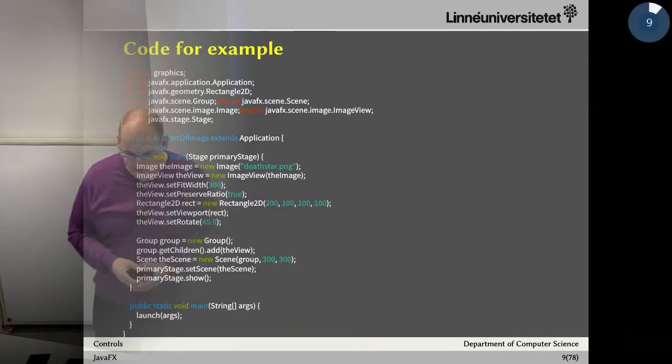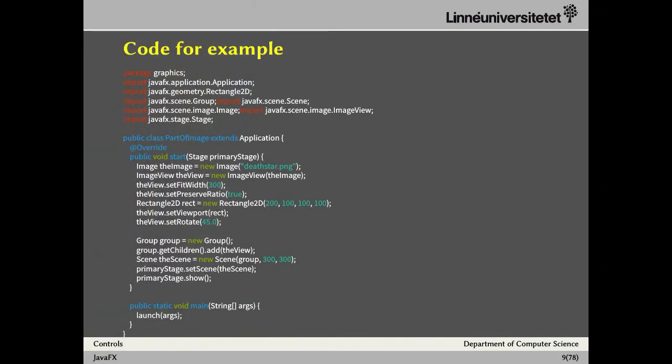And the code for that is here, where we again begin by loading the image, the entire 400 by 400 pixel image, and then we have an image view that we set to this image by sending it in the constructor. We set a width to 300, so it's smaller than the original size of the image. We set the preserve ratio to true, so that whatever we do later, we will have the ratio preserved as it was to begin with.